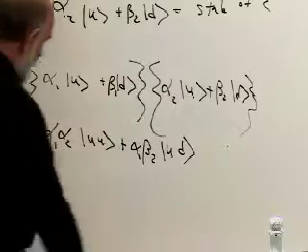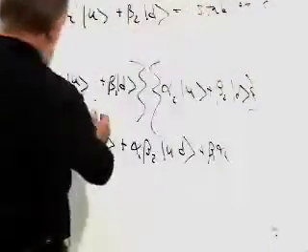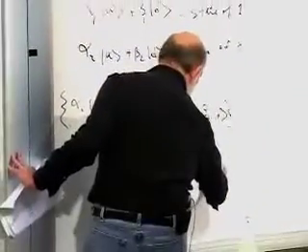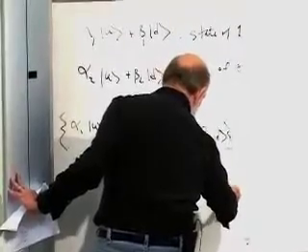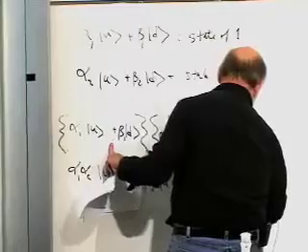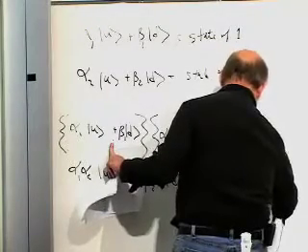Then beta 1 alpha 2, beta 1 times alpha 2 times down up. And then finally, plus beta 1, beta 2, down, down.